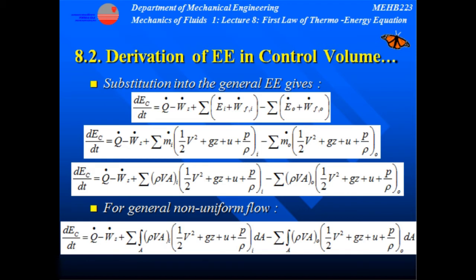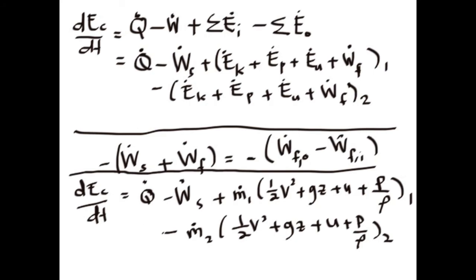But we haven't finished yet with the derivation. If I go back to here, I know that the flow is steady. Pump is a steady flow device, turbine is a steady flow device, so the flow must be steady.